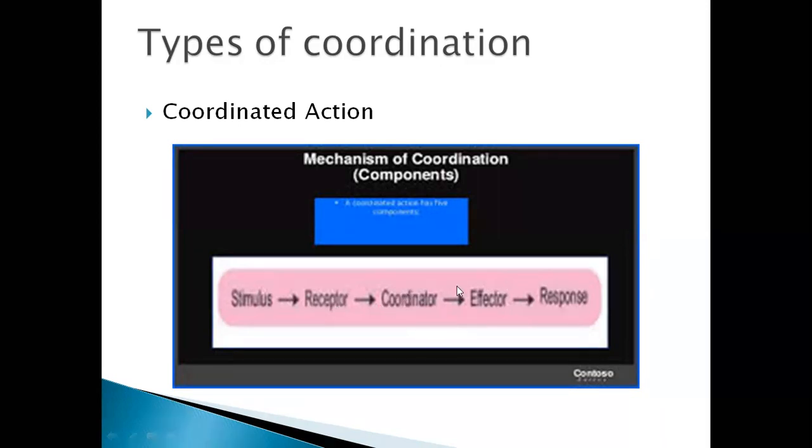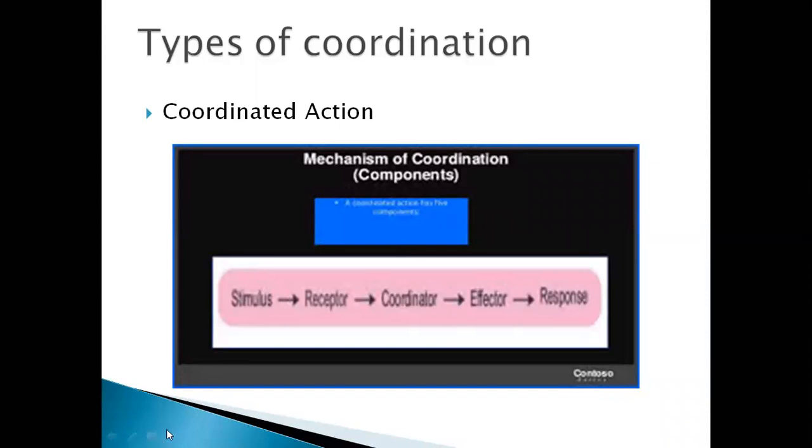So it sends the message to certain hormones. Effectors will be the hormones, and they will respond, they will maintain the level of the sugar in your body. It would be the response. Hence the chemical coordination system and the nervous coordination system, both are happening at a time. So this was proper coordinated action.